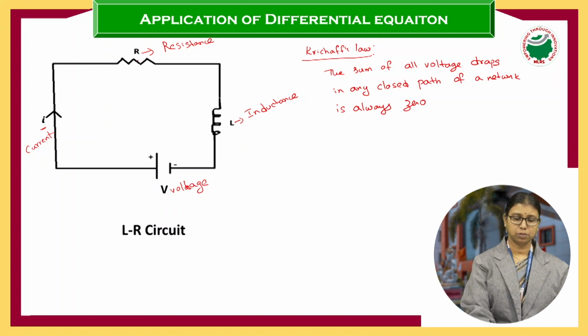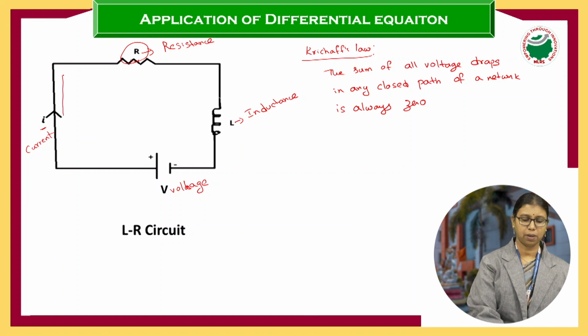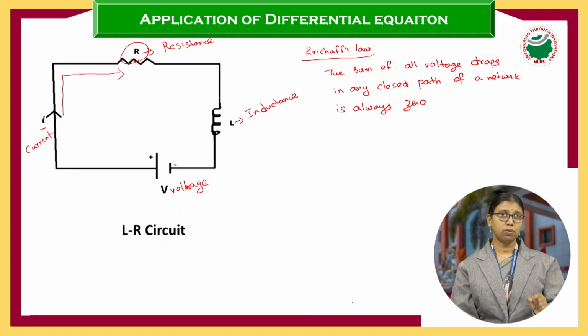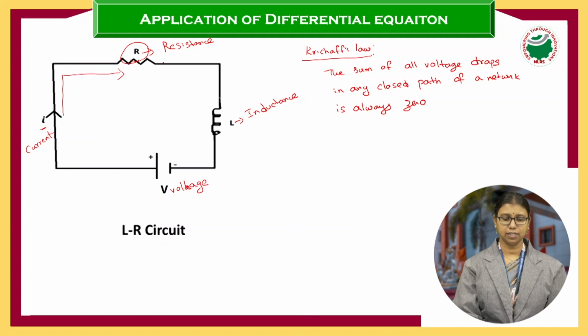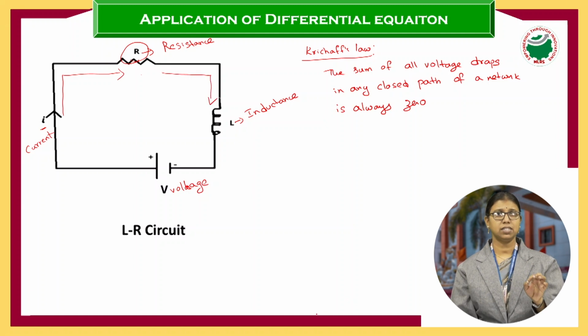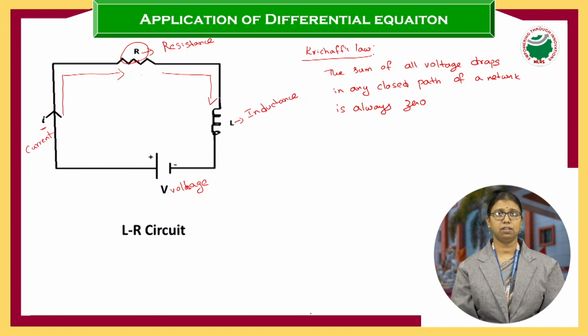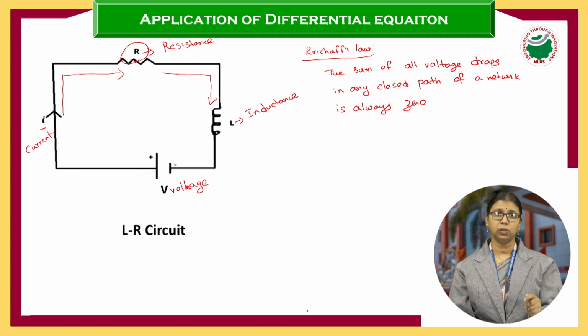How many voltage drops do we have here? At the resistance we have one voltage drop. When the current passes through the resistance, some voltage will be dropped at that resistance. Similarly, at the inductance there is also a possibility of losing some voltage. By adding all these voltage drops, the value must be equal to 0.